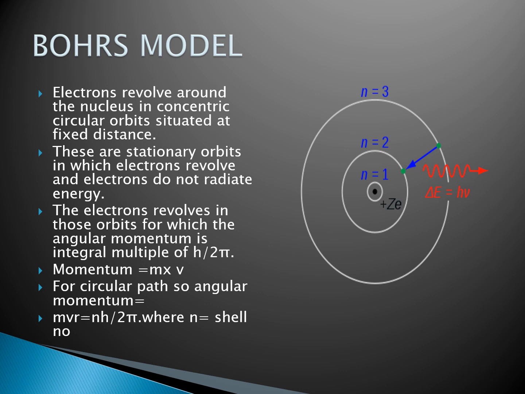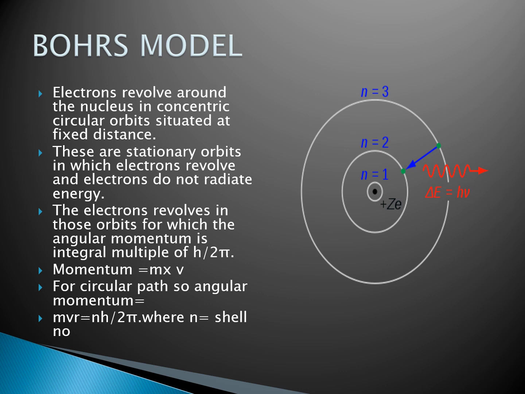So according to Bohr model, we can see in the figure that the electrons are in concentric circles, and the electrons revolve, with shell number 1 up to n, where n is the shell number. According to Bohr, the electrons revolve around the nucleus in concentric circular orbits situated at fixed distance with fixed energy.